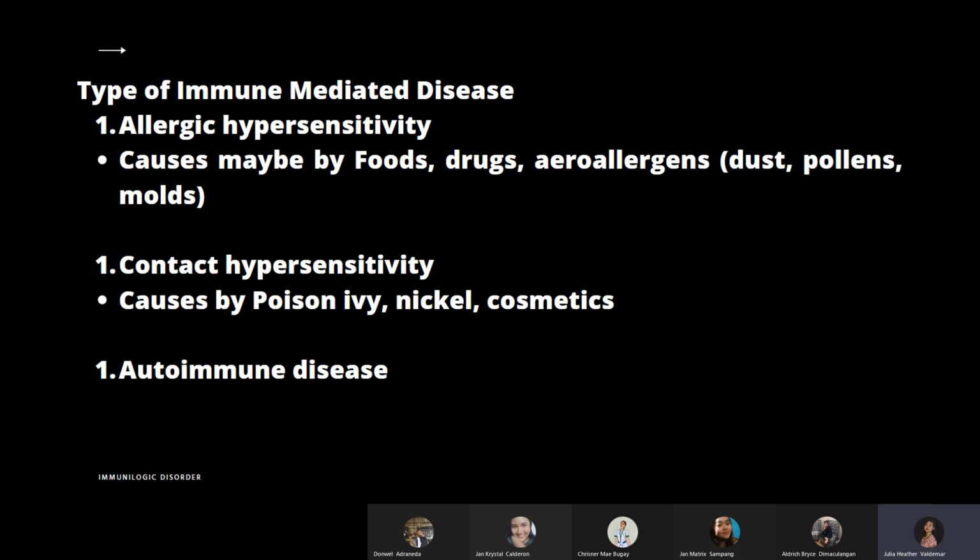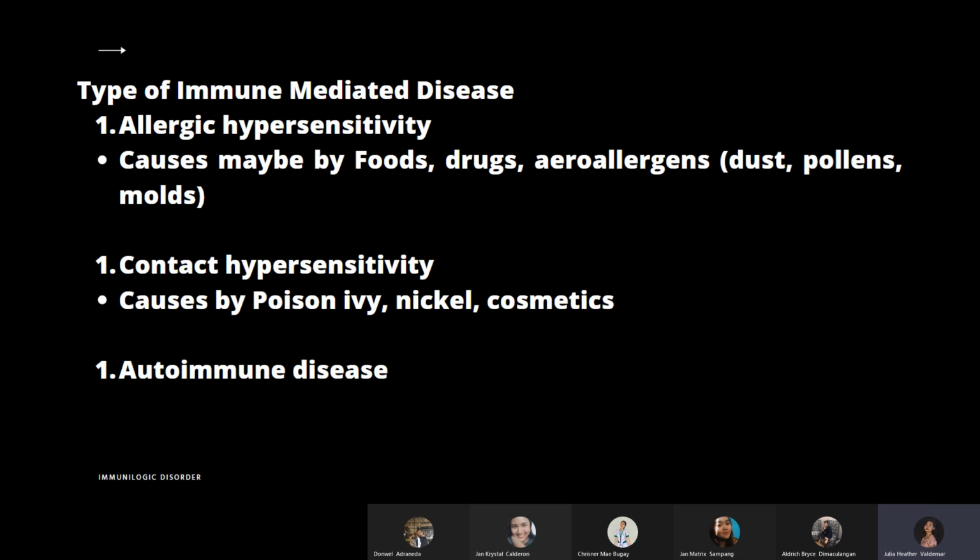So let's go to the types of immune-mediated disease. First is the allergic hypersensitivity. Again, recall, immune-mediated disease is the overreacting of your immune system. So this is the type of overreacting immune system. The allergic hypersensitivity, which we are very familiar with, is caused by foods, drugs, aeroallergens like dust, pollens, and molds.